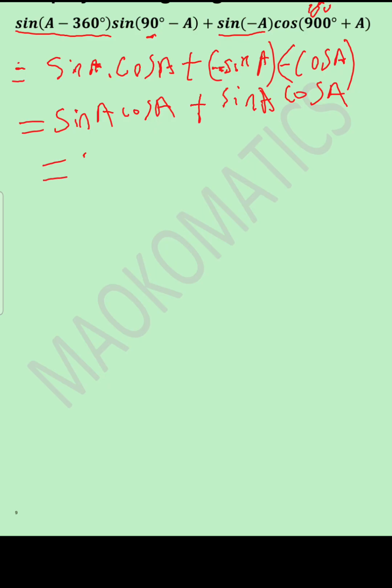So this is 2 sine A cos A. But they said we must write it as a single trigonometric ratio. So this is the double angle identity of sine. So this is the same as sine 2A.